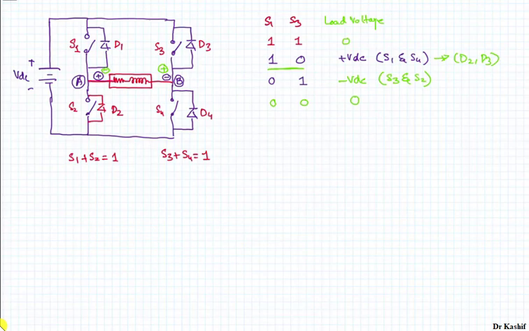And if we look at this state 0 1, if your current is negative, then your switches S3 and S2 will be conducting, and if your current is positive, then your diode 1 and diode 4 will be conducting, right? So the direction of the current determines which set of the switches is conducting. Either your main switches are conducting, or your diodes are conducting.